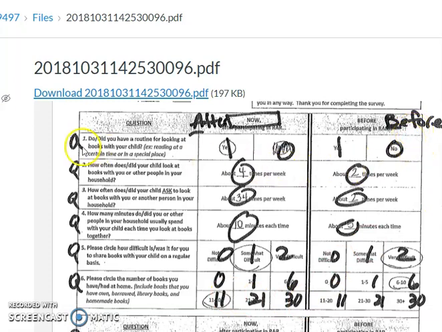Each one of these, you'll see in the Jamovi output, has different question numbers and different codes. Q1A refers to question 1 after response. Q1B is question 1 before response. Anytime you see an A after something, it refers to after. Anytime you see a B, that refers to before.